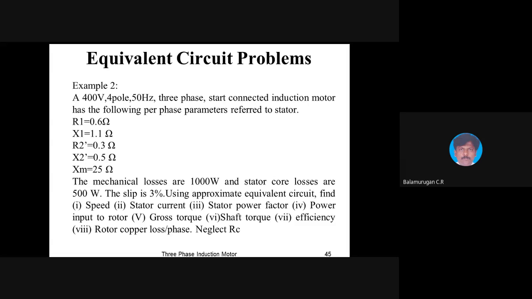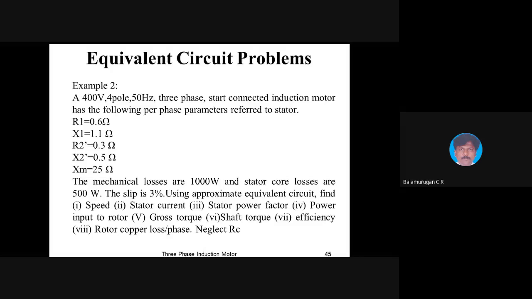So up to the stator input we will complete. You check the stator input; the correct value is 14637 watts. Up to this we will stop. The remaining things we will continue in the next class.